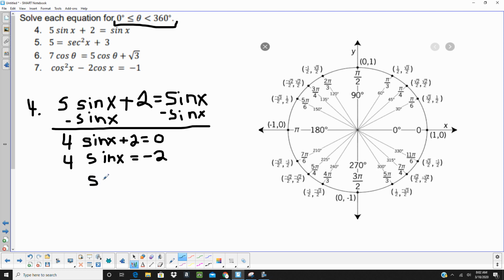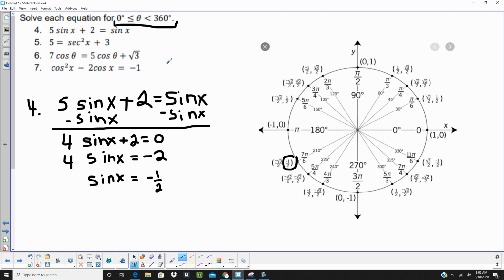So sine x equals -1/2. Now I'm going to look on my unit circle where my y coordinate is -1/2.